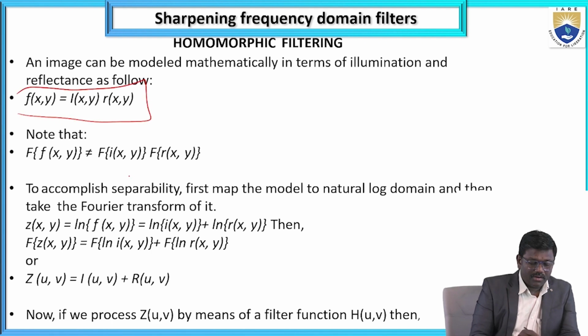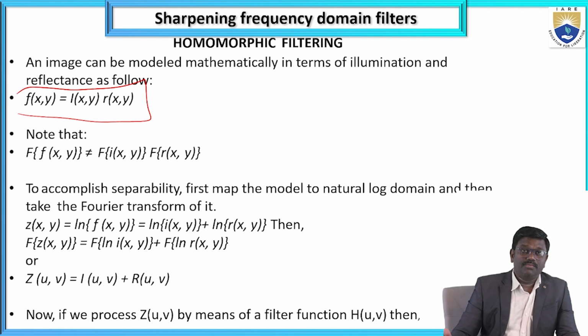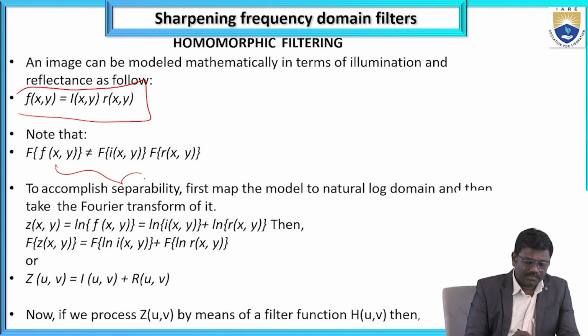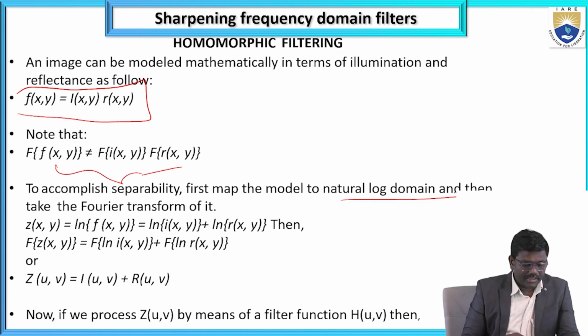When we process in a convolution way or in terms of the fast Fourier transform, we cannot expect the same. So to accomplish separability, first map the model to the natural log domain, then take the Fourier transform of it, then we'll get the output.